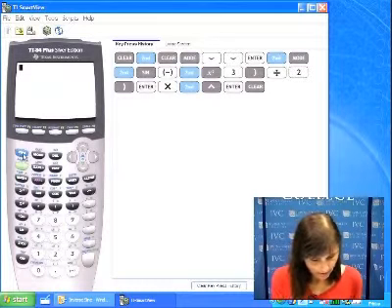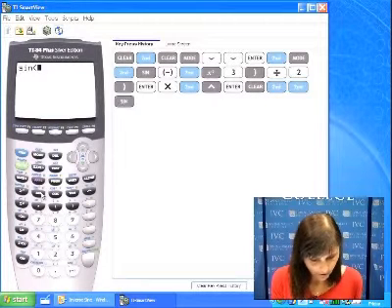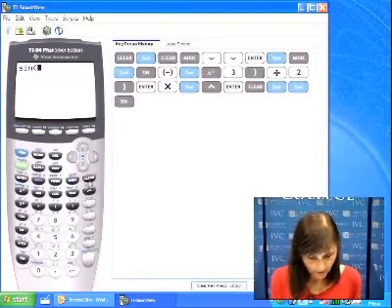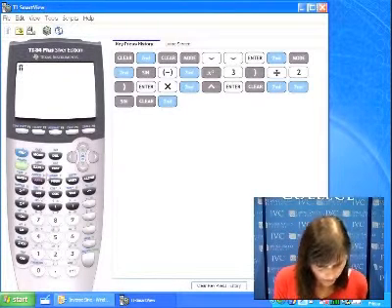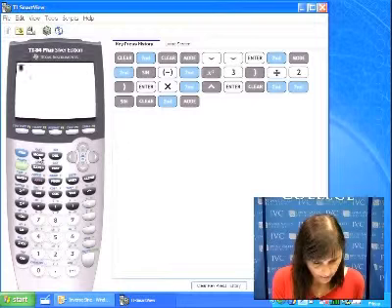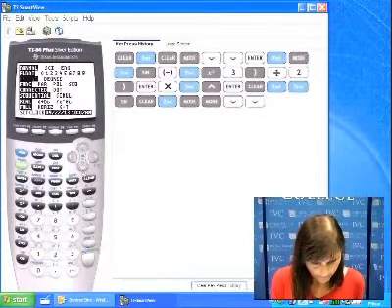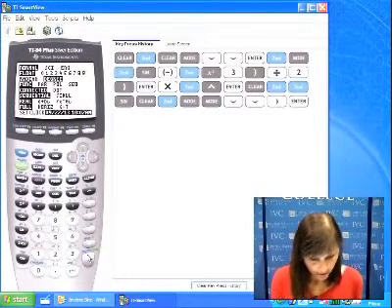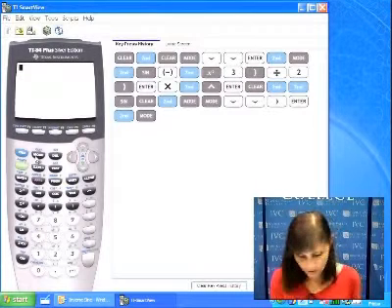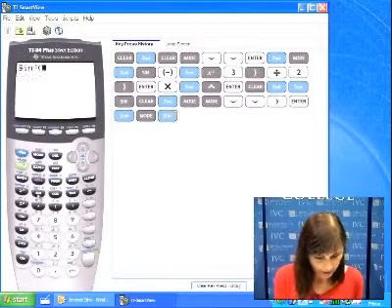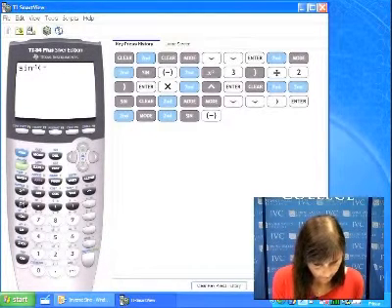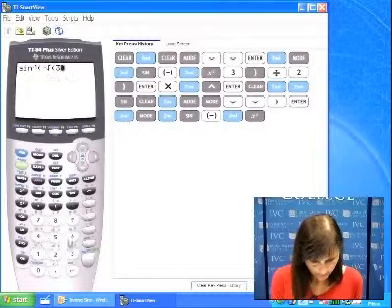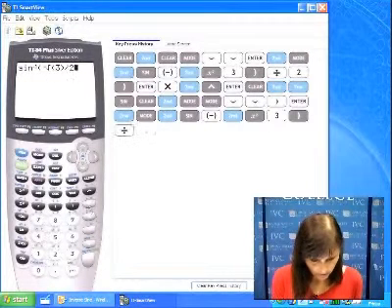Let's just do it in degree so that you're clear about how this works. I'm going to set this in the degree mode, and then I'm going to take the sine inverse of negative rad 3 over 2.